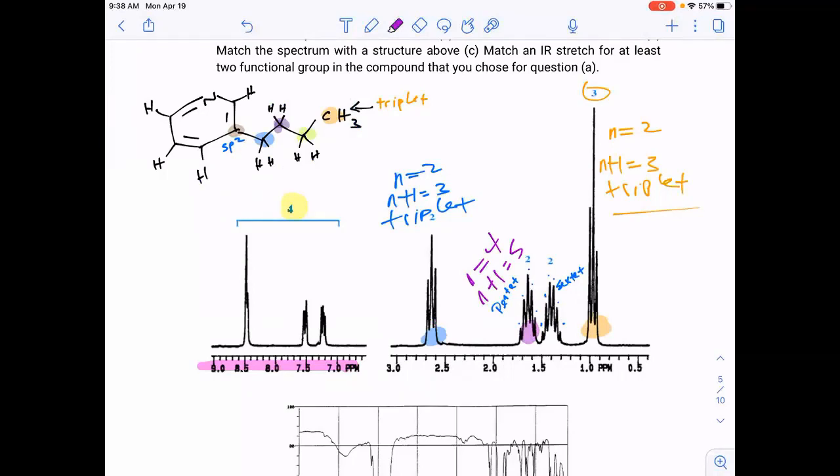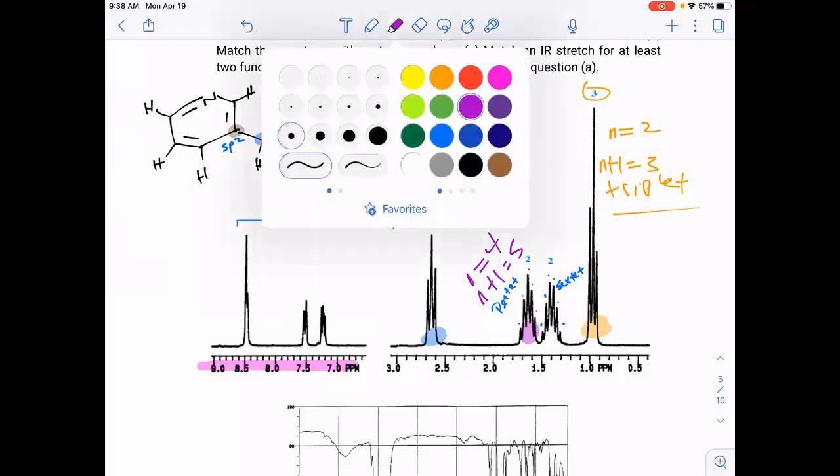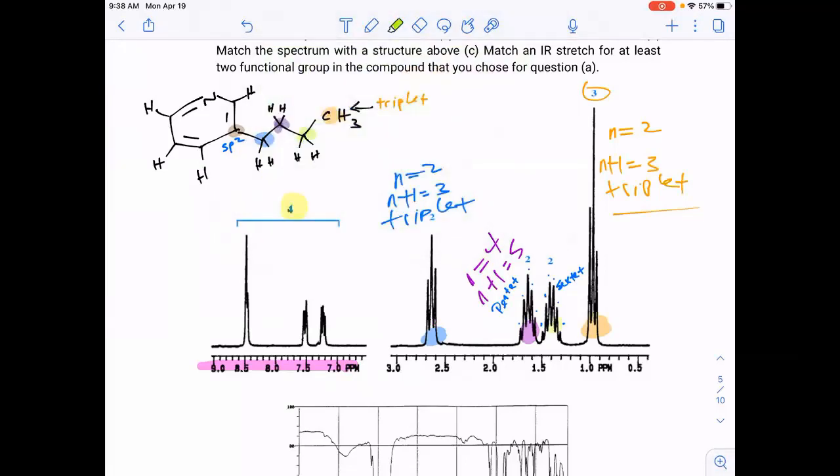And then for the sextet, obviously, it's the last set of protons, but we also need to know how we got there. So how does that signal get split into a sextet without just doing process of elimination?